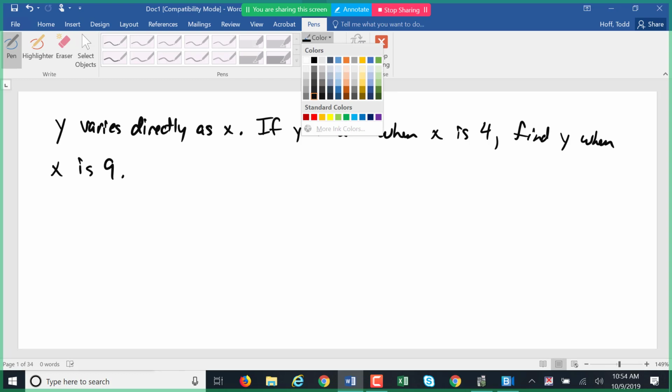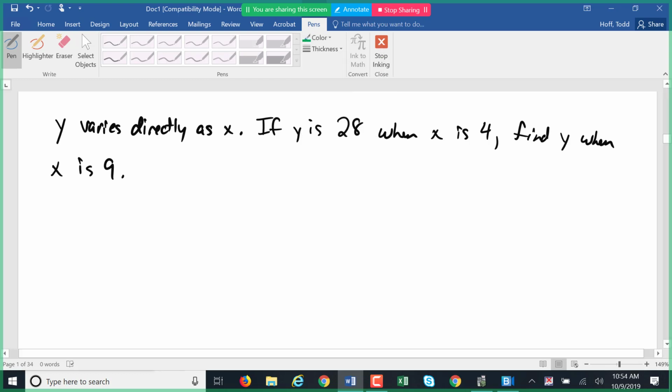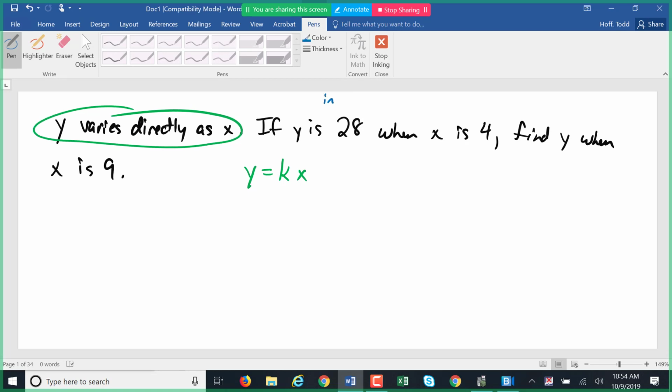Now there's a third piece of information here. So we're given the relationship, y varies directly with x, y equals constant times x. We're given what's often referred to as a known condition or an initial condition.